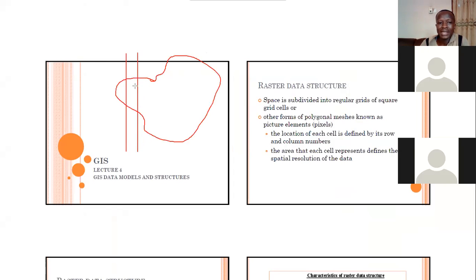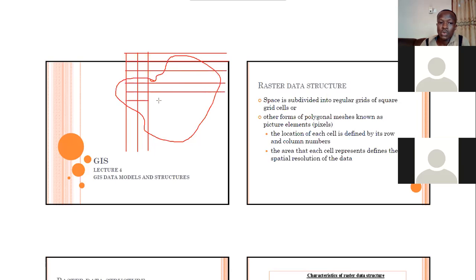It means I'm doing something like this, something like that. So I'm creating squares. The squares are arranged vertically and horizontally, in rows and columns. That's what I really want to talk about.